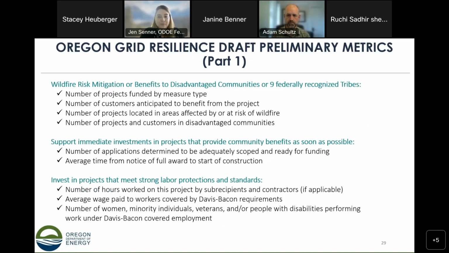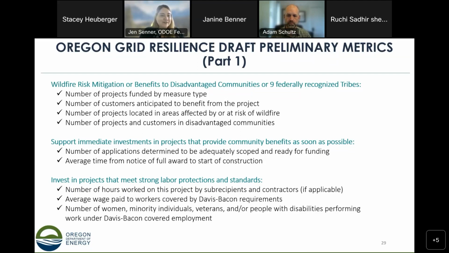We are certainly open to feedback as to whether these really help us measure those overarching objectives, and if there's a better way to frame or define these, we welcome your feedback. Many of these metrics would be incorporated into subrecipient grant agreements, because that would be part of how we determine if our investments are serving these purposes.